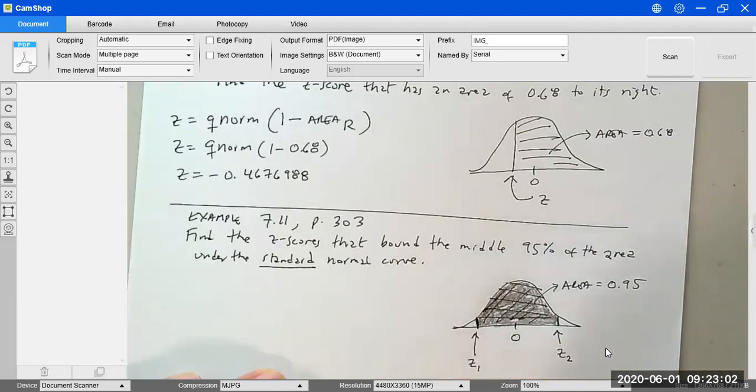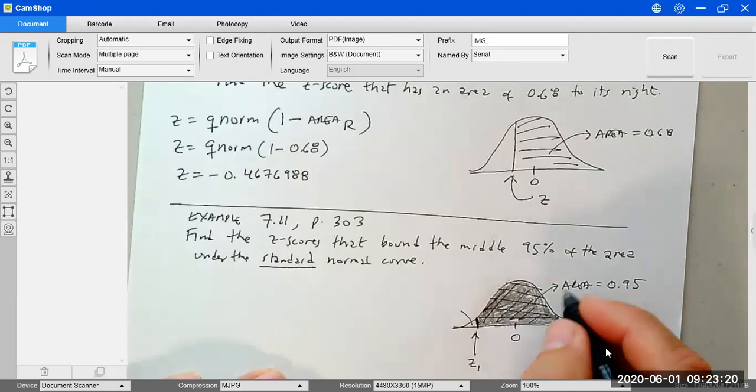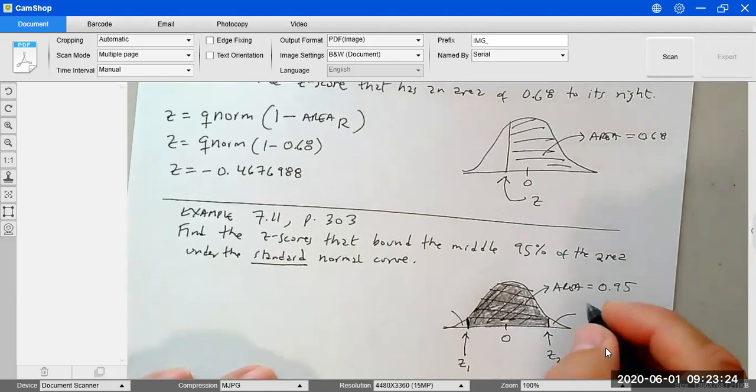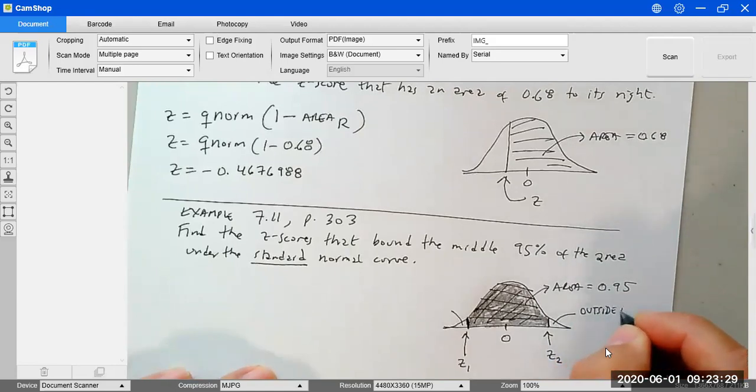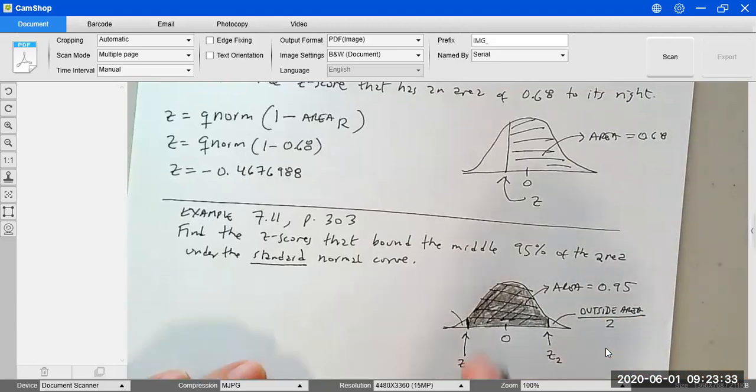So we need to find these values first, because this is what we have been using in the previous problem. So what are these values? These values are going to be half of the difference between 1 and 0.95. So the area outside of the region, let's say outside area, we're going to divide that area by 2 because this is symmetric.